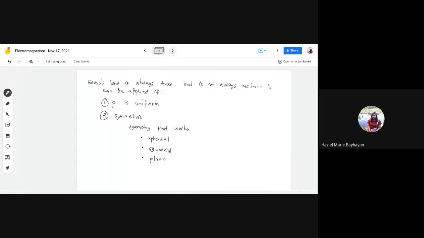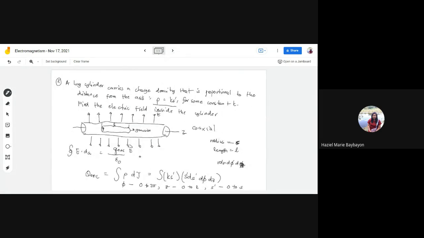Here, for the cylindrical Gaussian surface inside the charge system, z is from 0 to L, the length of your Gaussian surface, and s prime is from 0 to S, where S is the radius of your Gaussian cylinder. Take note of this.